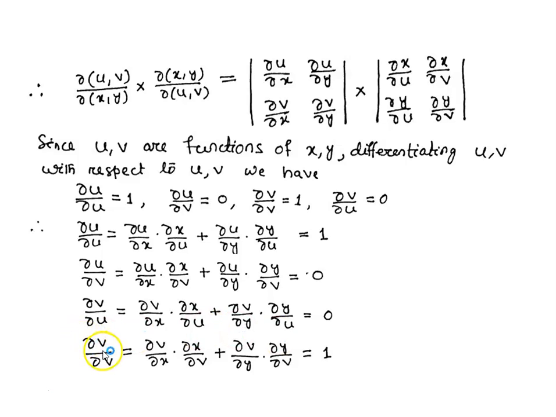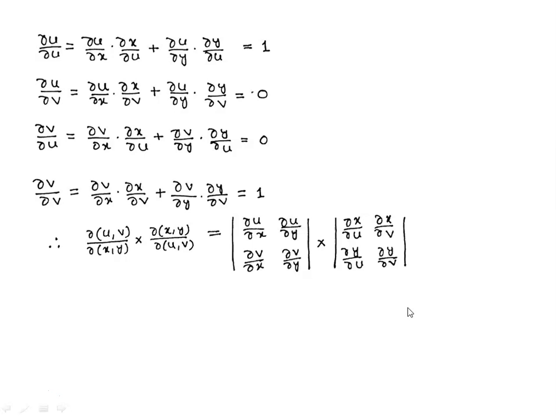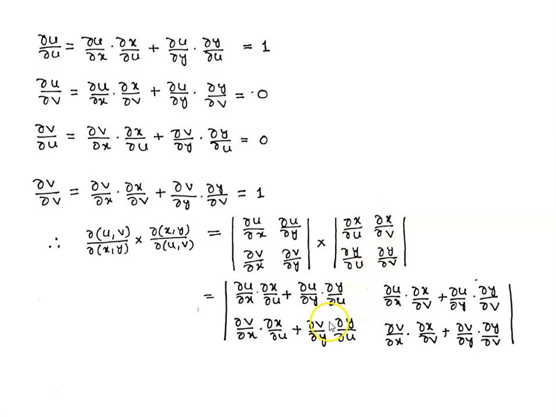Now we have to find out del v by del v. Del v by del v is equal to del v by del x into del x by del v plus del v by del y into del y by del v. And we have seen here that del v by del v is equal to 1. So this is equal to 1. Now if we replace this in the product of these two Jacobians, the Jacobian of u, v with respect to x, y and the Jacobian of x, y with respect to u, v, their product is this.